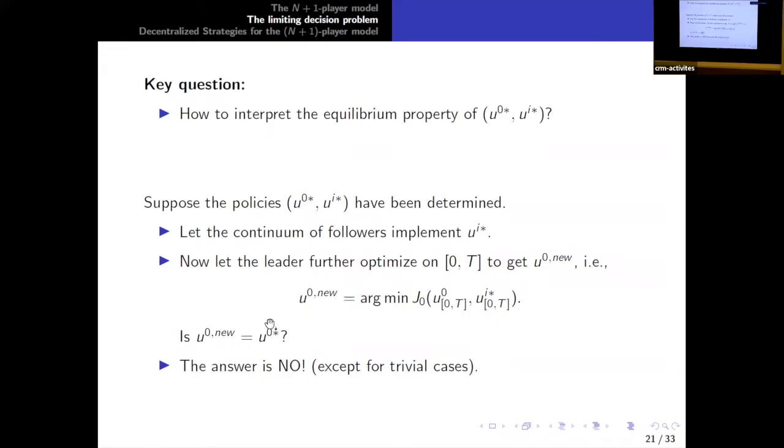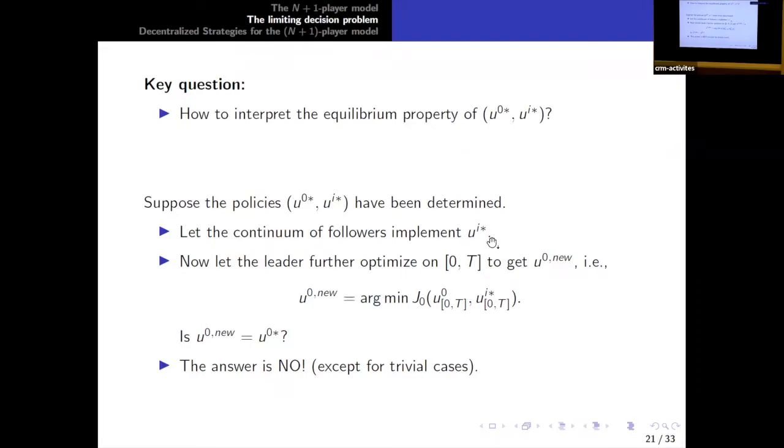Is it equal to the recommended one? The answer is no. Okay, so this is quite bad in some sense. Okay, so you can think of an agreement by the whole group. Okay, so all the minor players have already honestly implemented the recommended strategies.